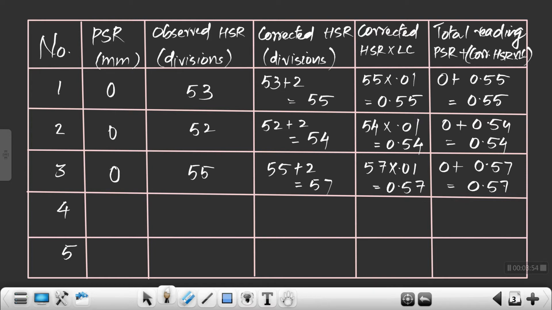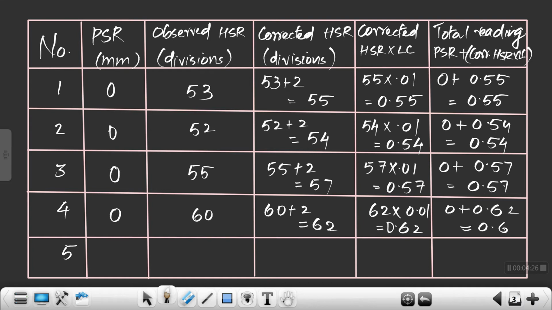In the next trial also the PSR was 0, HSR was 60, so the corrected HSR 60 plus 2, that is equal to 62. Corrected HSR into LC, that means 62 into 0.01, that is equal to 0.62. Total reading PSR plus corrected HSR into LC, that is equal to 0.62 itself.